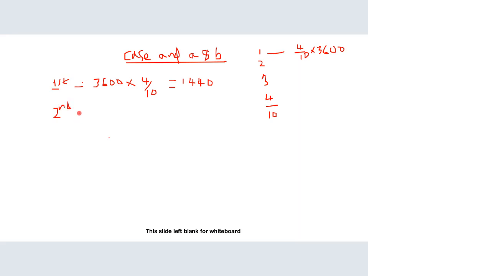Second installment again, 3,600 times, remember we are moving in descending order, so for the second installment it will be 3 out of 10. Then for the third installment, again 3,600 times 2 out of 10.